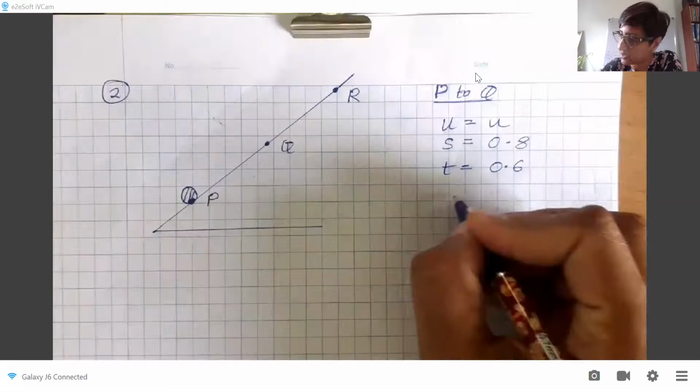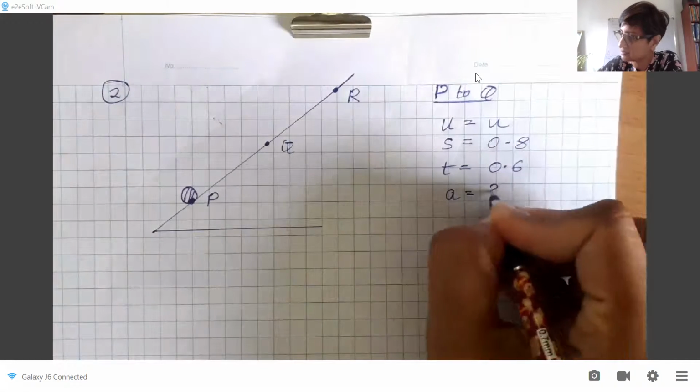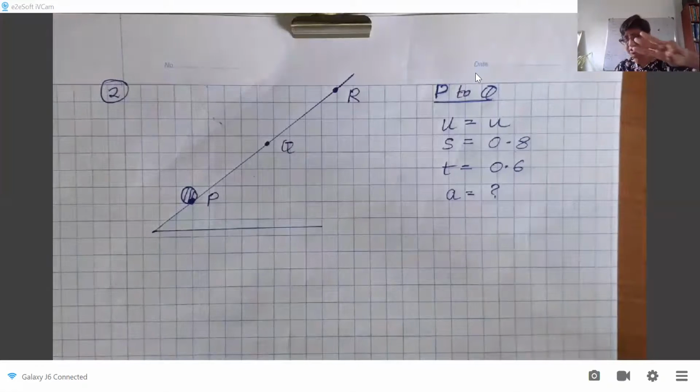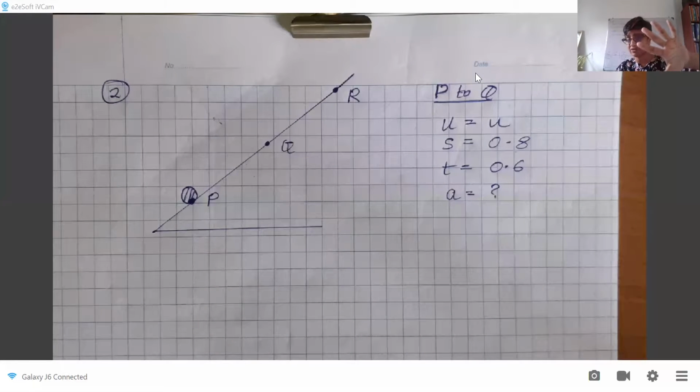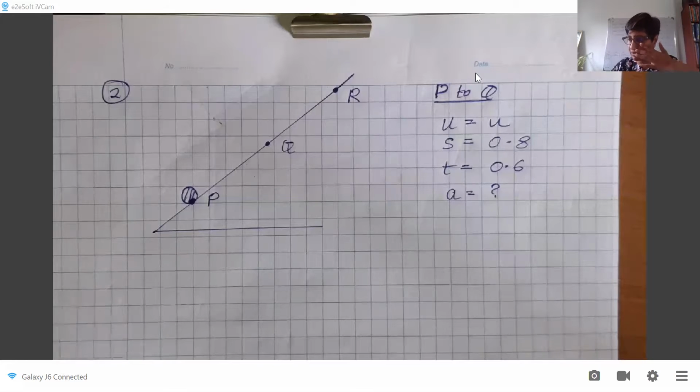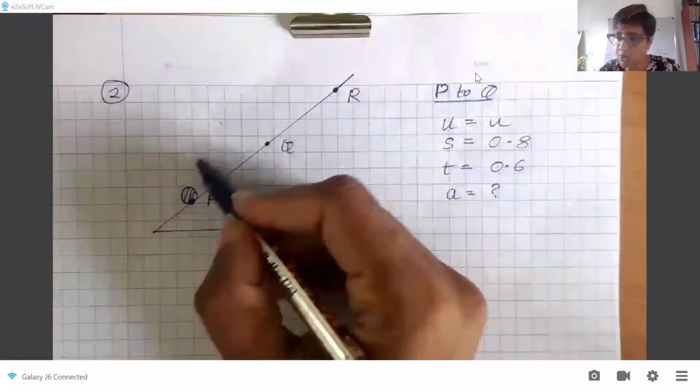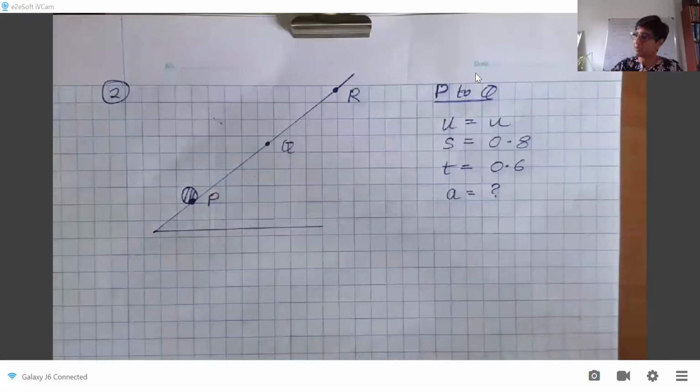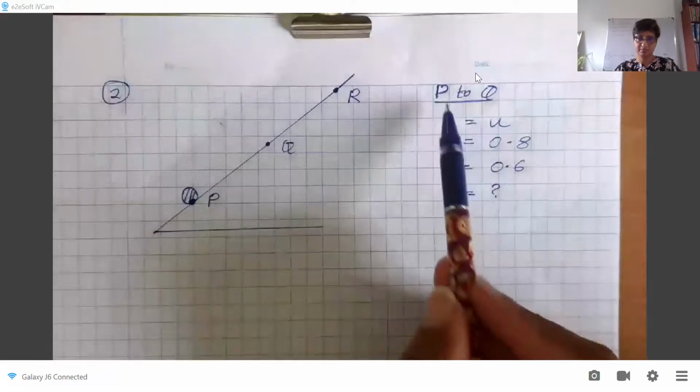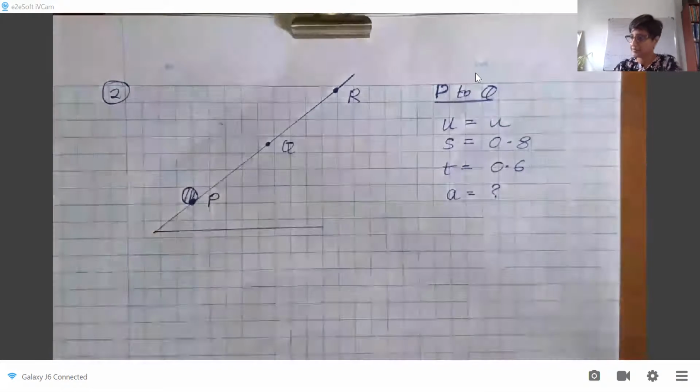I can find A from that. Remember, there are 5 things that are related in equations of motion. Out of these 5, if you have any 3, you can find the other 2. So from P to R, it's 1 motion, 1 acceleration. By considering P to Q motion, we can find A.